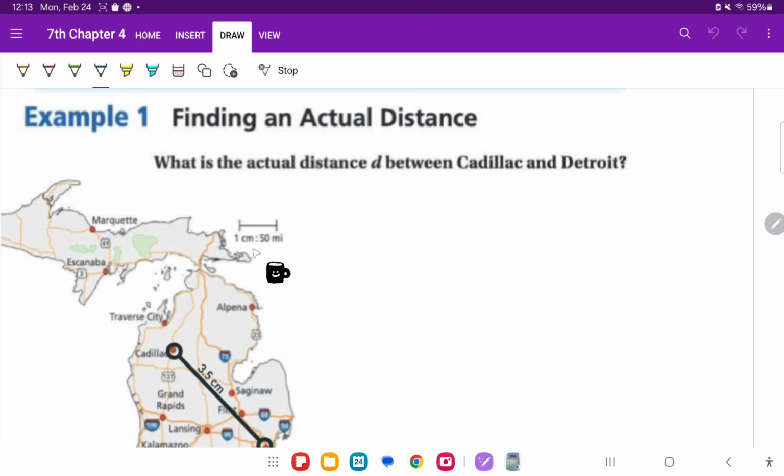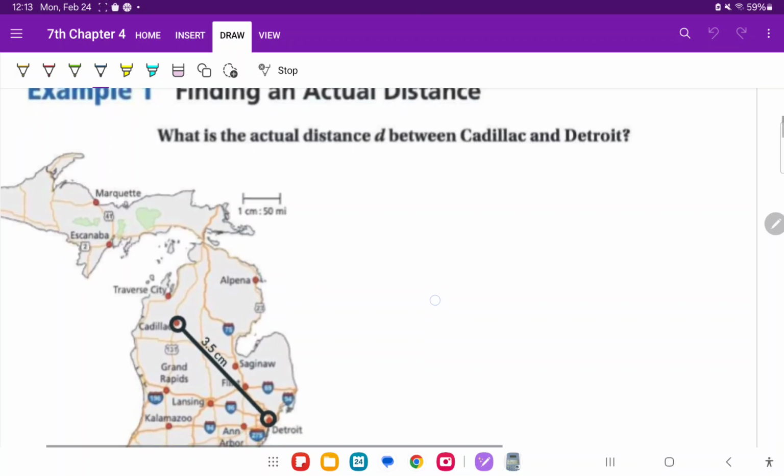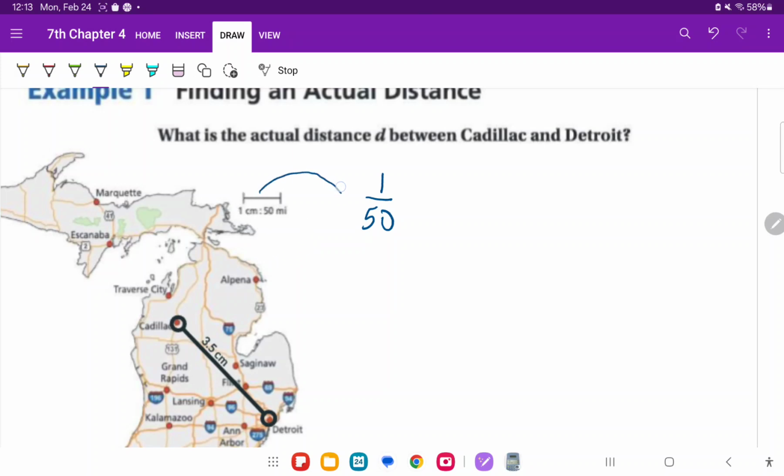So what we're going to do is, if we look on here, we have a scale that they give us. And then if we look right down here between Cadillac and Detroit, that is 3.5 centimeters, if we measure it with a ruler. So we're going to set up our proportion: 1/50, which comes right from here.